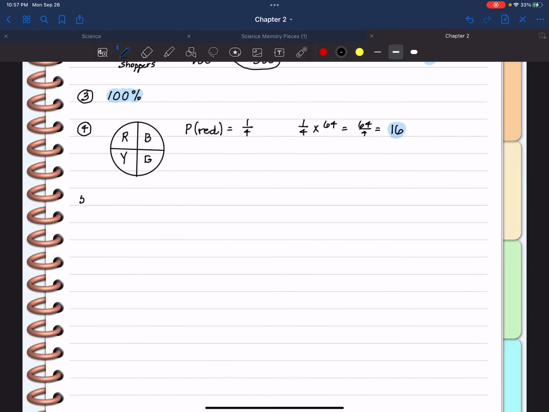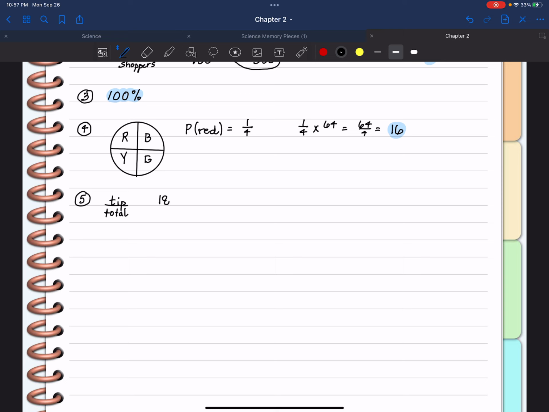Number 5. Anna and her friend had a dinner that cost $45, and they would like to leave an 18% tip. Which equation can you use to find the amount of the tip? Well, the tip is going to be a part out of the total bill.